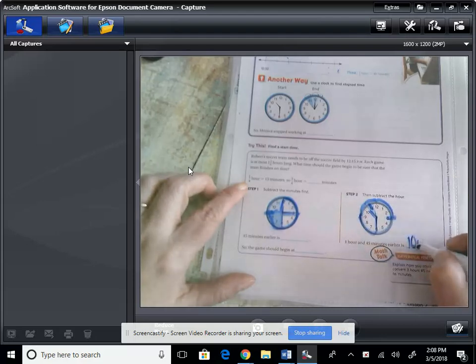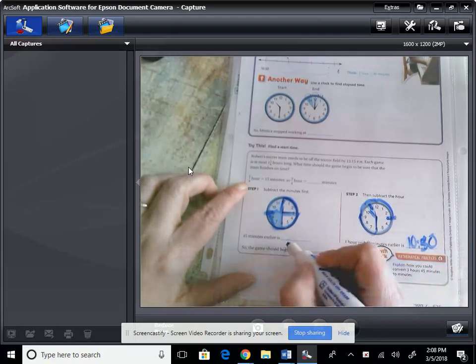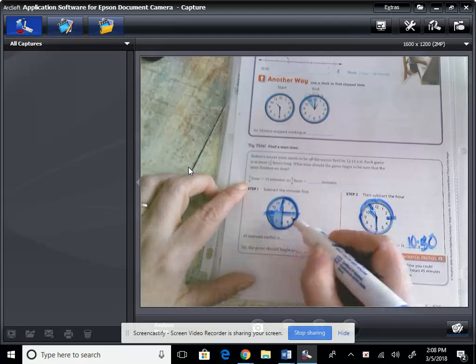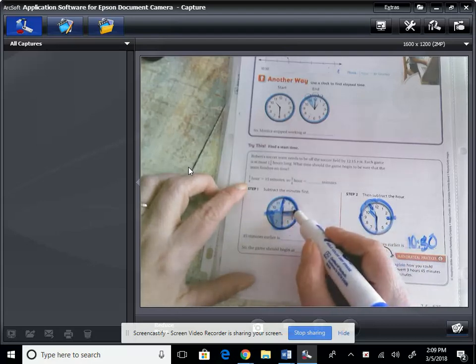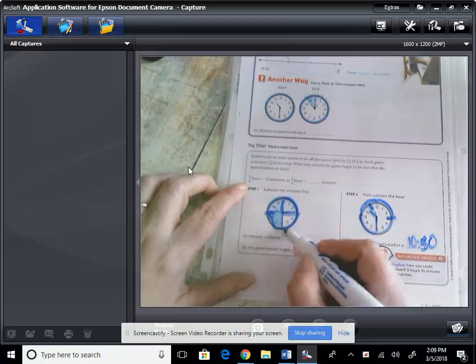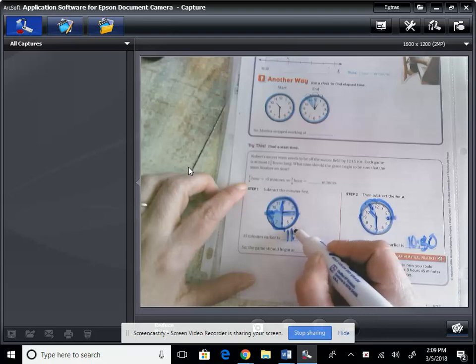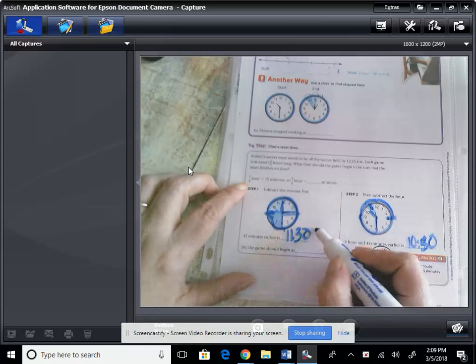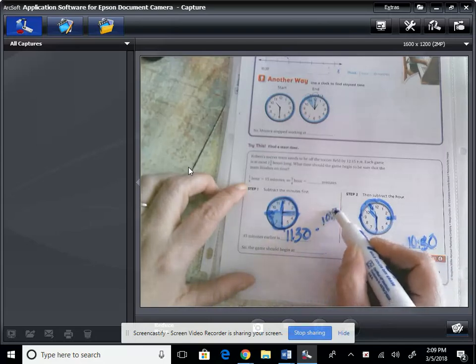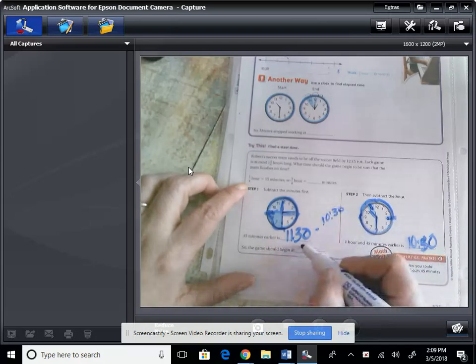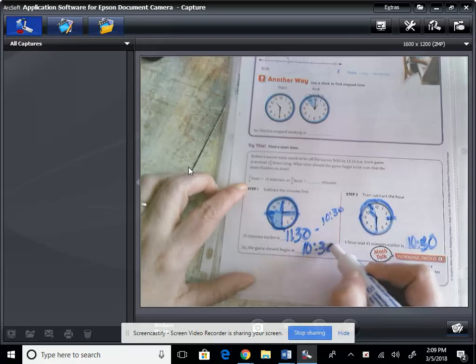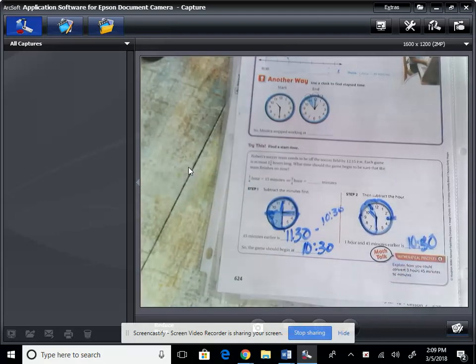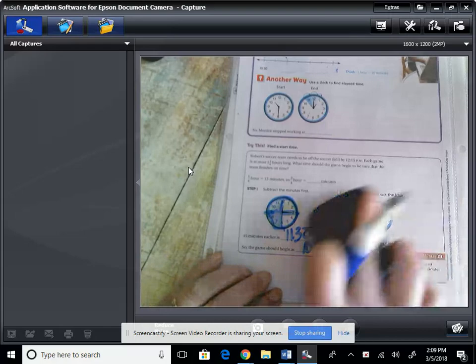So they should start at 10:30. Going back 45 minutes first would have been easier: that would have been 11:30, and then back up another hour, which would be 10:30. So the game should start at 10:30. Whichever way works best for you. That way would have worked better for me than the second way.